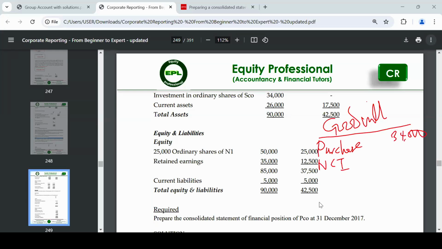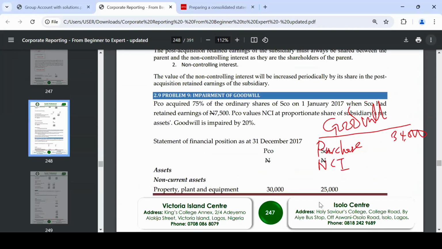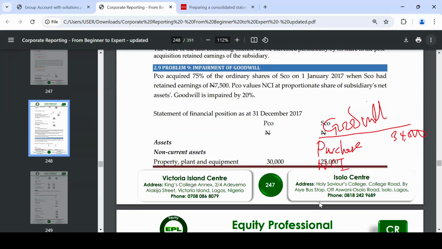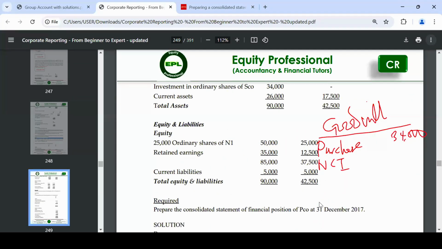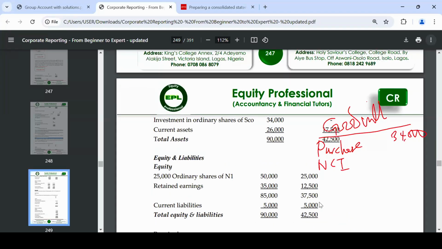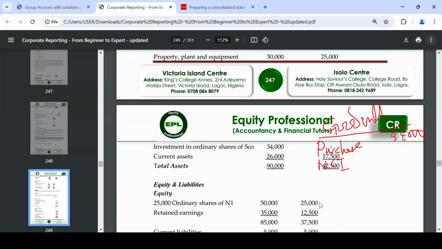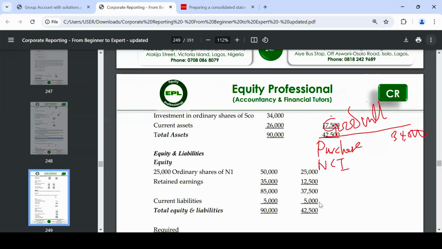NCI. Now, what did they tell us about NCI in terms of valuation? They said it is proportionate share of the subsidiary's net assets. Okay, now what was the net asset that was acquired? The net asset that was acquired, 25. NCI will own only 25% of the 25,000 ordinary shares.